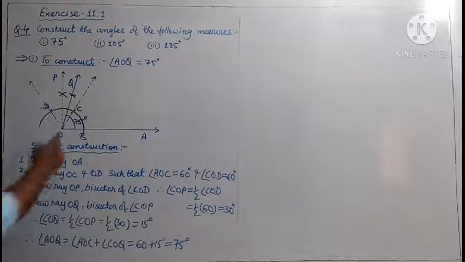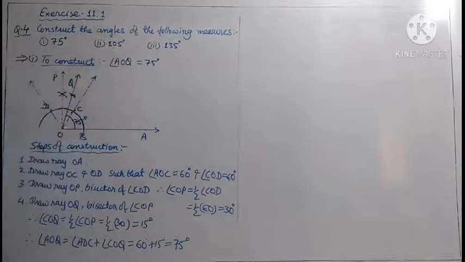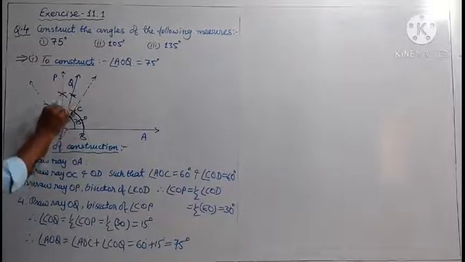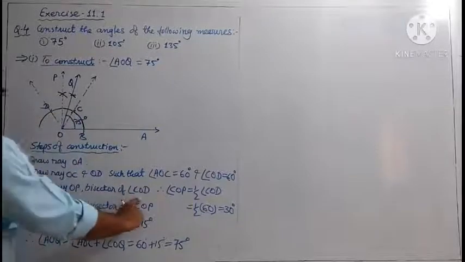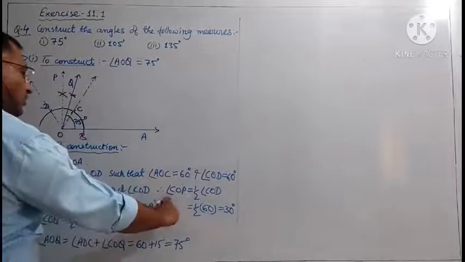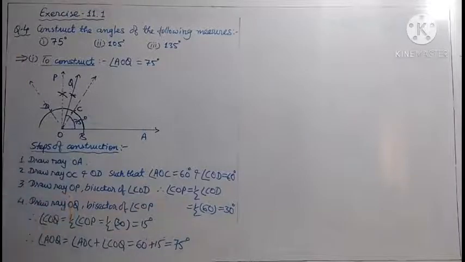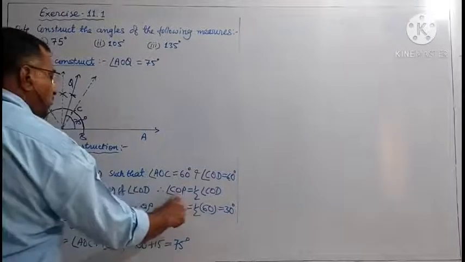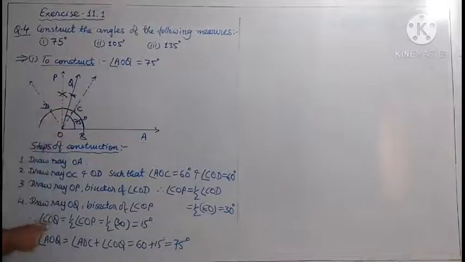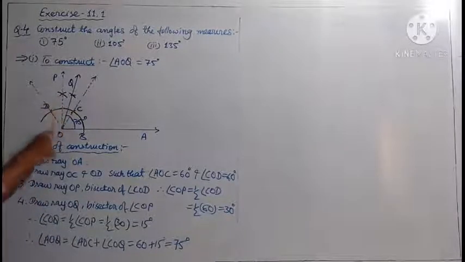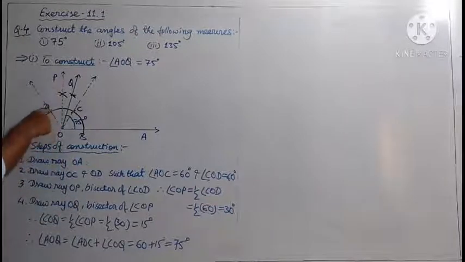Now, if we want to go for 105 degrees, then what we have to do? We have to go for the bisector of angle DOP instead of COP. As we have seen here, COD is 60 degrees. If we draw the bisector OP, then COP and DOP are both 30 degrees. So we can draw the bisector of angle DOP.